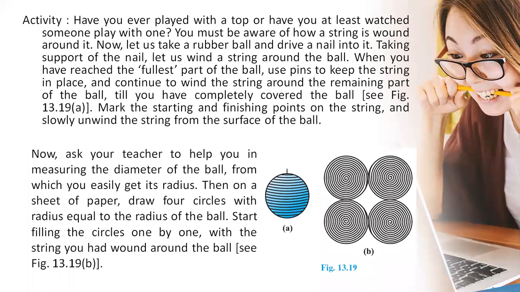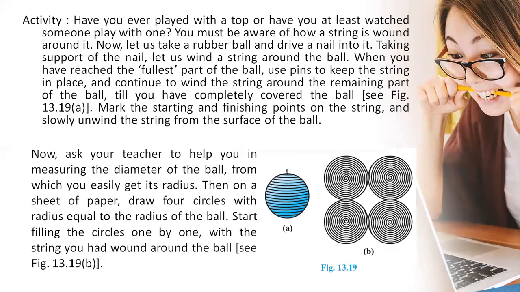Now, let us see how to find the total surface area of the sphere with the help of an activity. For verifying, we require a spherical object. We need to have a board pin, thread, 2 cardboard sheets. We know that the total surface area of the sphere is 4 pi r square.